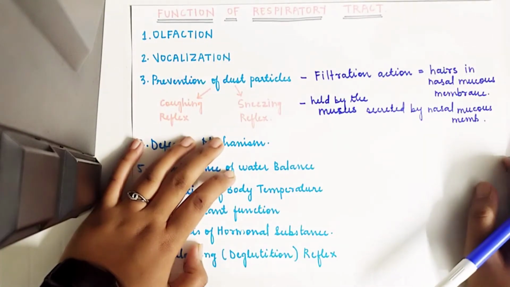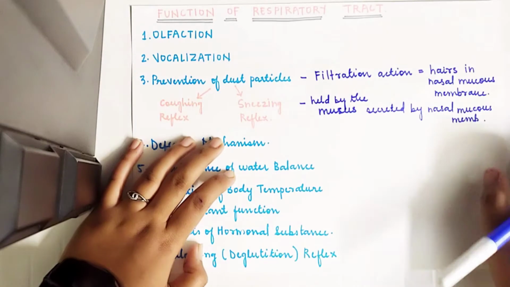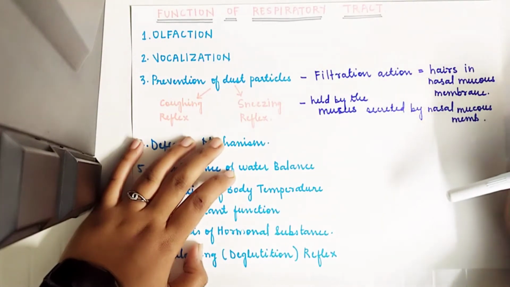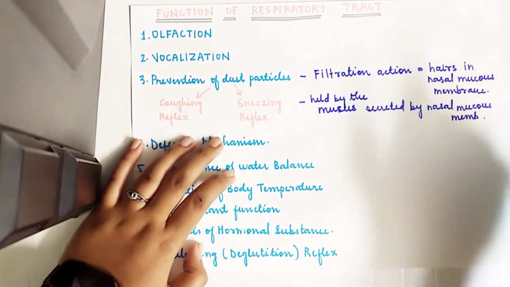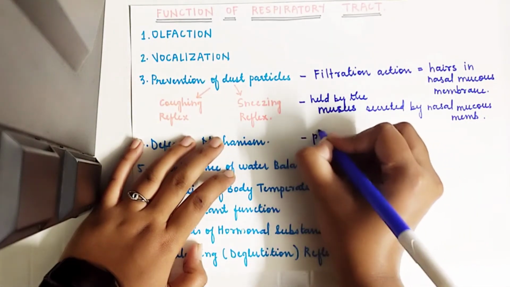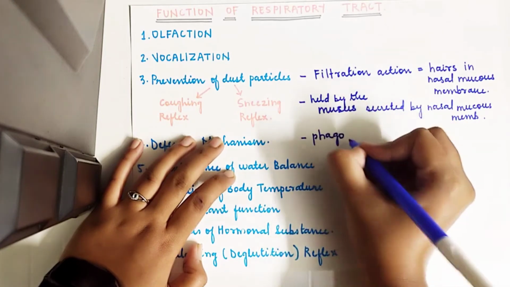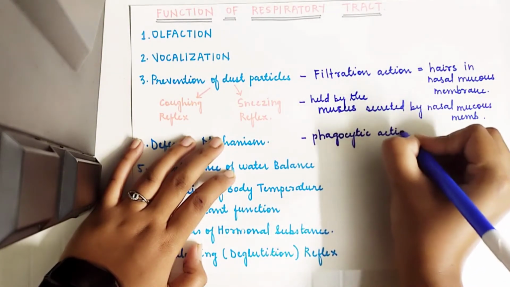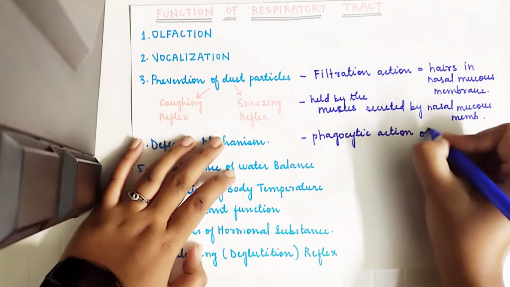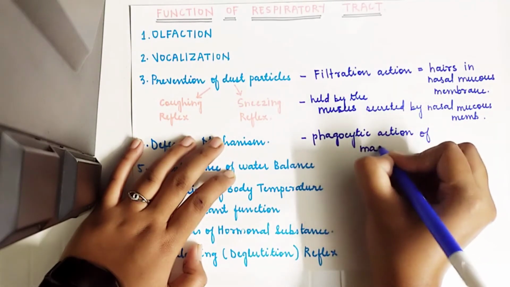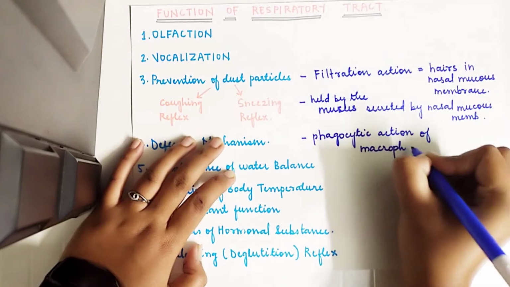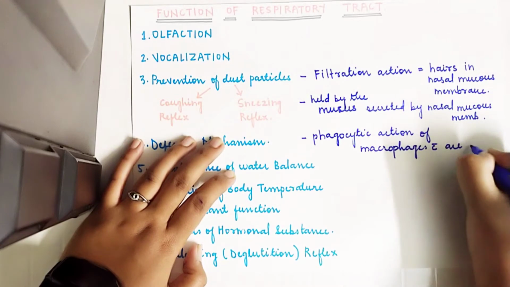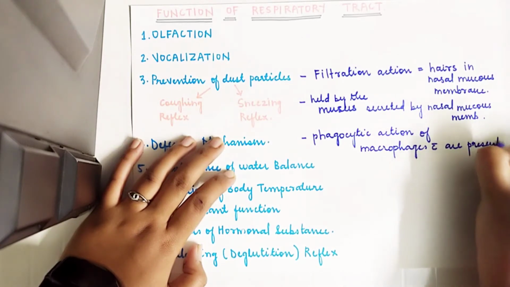And if a dust particle escapes both the nasal hair and the nasal mucous membrane, then it will be removed by the phagocytic action of macrophages which are present in the alveoli.